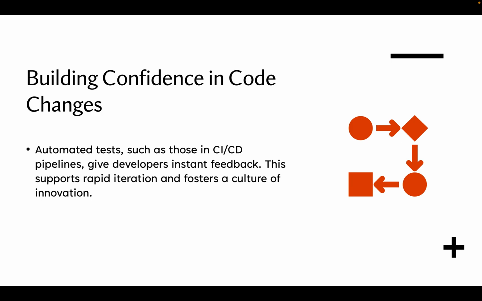Like I said, automated tests such as those in CI and CD pipelines also give developers instant feedback, which is very important and very helpful. This supports rapid iteration and fosters a culture of innovation.